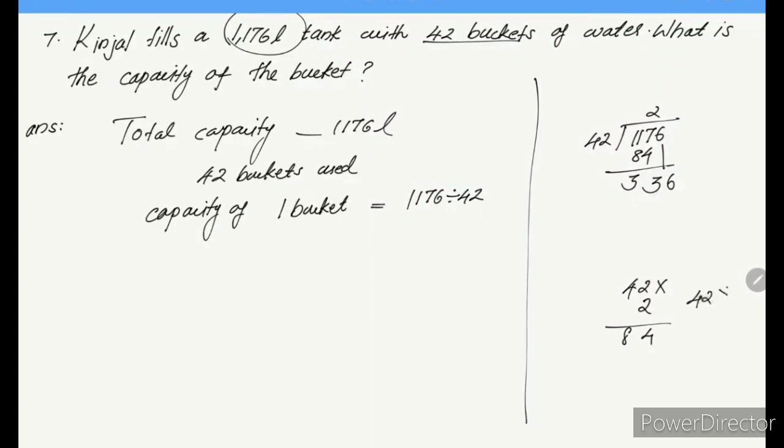What is 42 into 8? 2 times 8, 16. 6, 1. 4 times 8, 32. 32 plus 1, 33. And we will get 8. 8 into 42, yes, 336. 0. And we will get 28. What is 28? 28 liters. Capacity of one bucket, 28 liters.